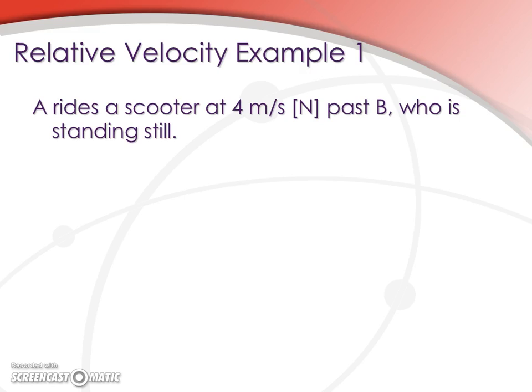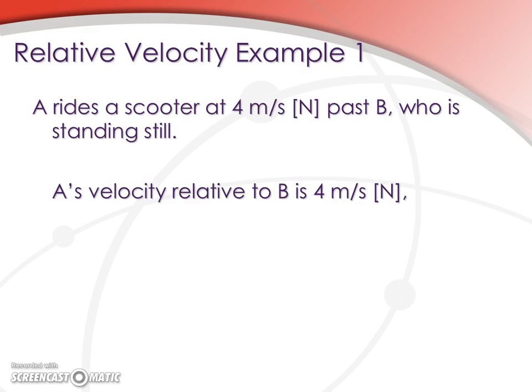All right, let's take a pretty simple example. These will get more complex as we go. So Anita rides a scooter at 4 meters per second north past B. And B is standing, okay, so we'll make it Brian, who's standing still. Anita's velocity relative to Brian is 4 meters per second north.